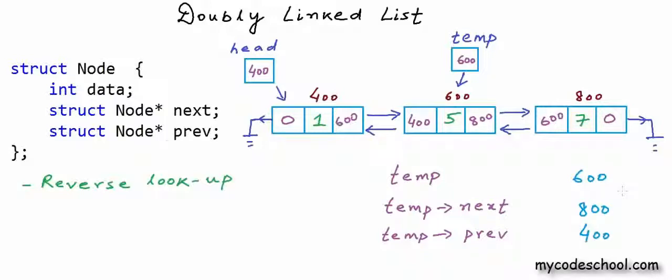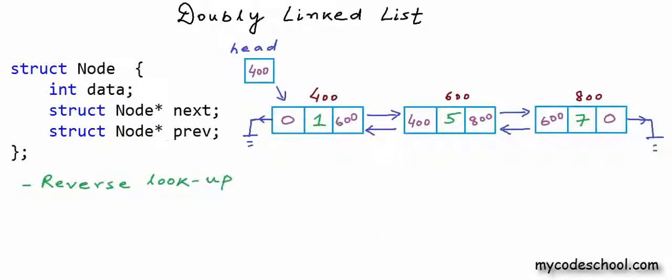In a singly linked list, there is no way you can look at the previous node with just one pointer. You will have to use an extra pointer to keep track of the previous node. In a lot of scenarios, the ability to look at the previous node makes our life easier. Even implementation of some of the operations like deletion becomes a lot easier.